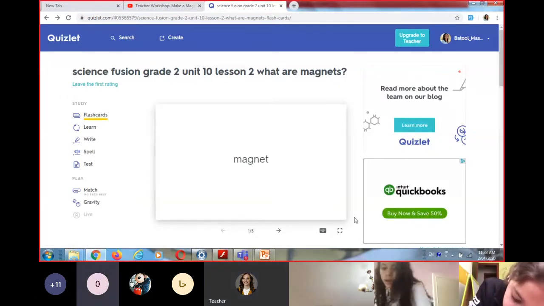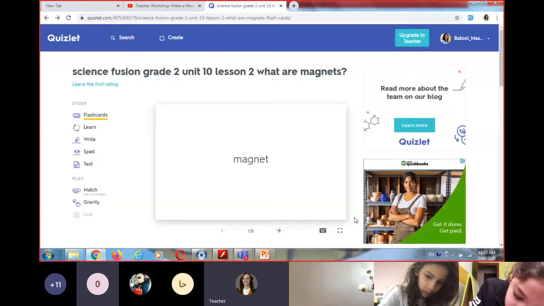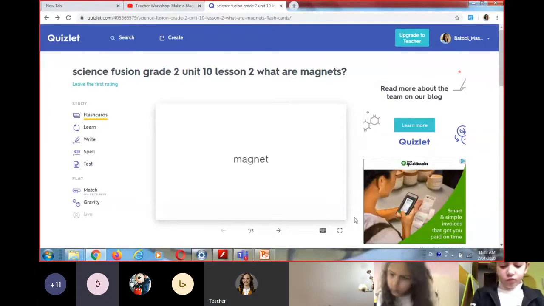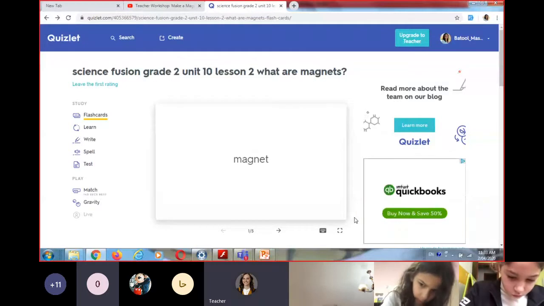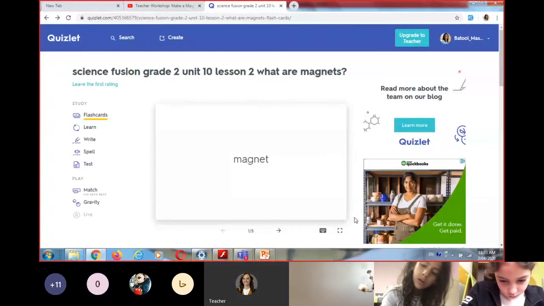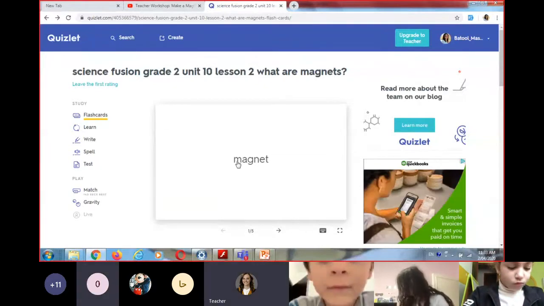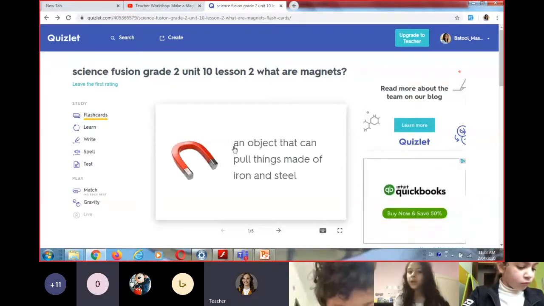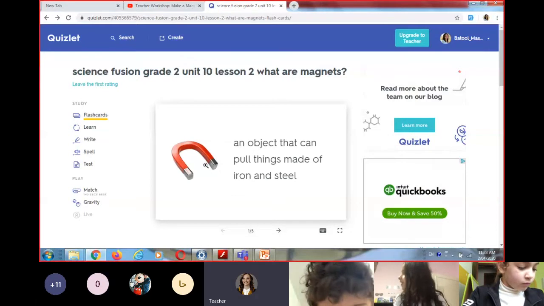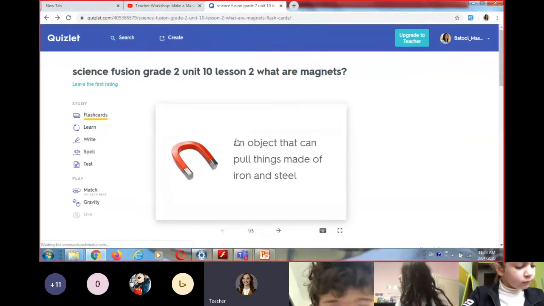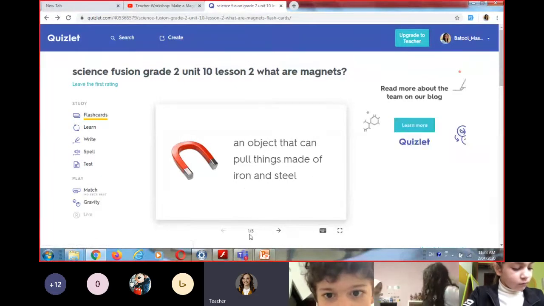It's an object that can pull things made of iron or steel. So, it's an object that can pull things made of iron and steel. Excellent.